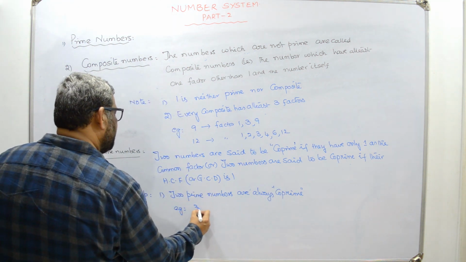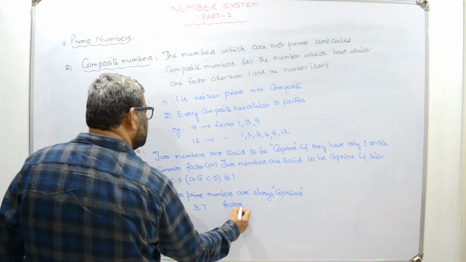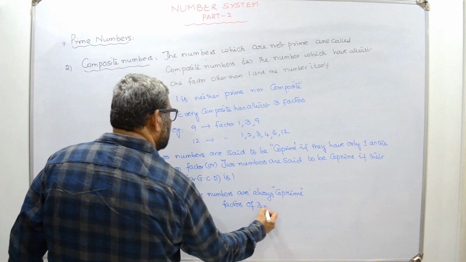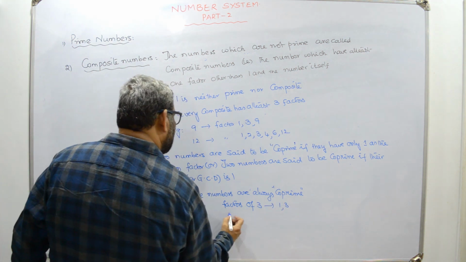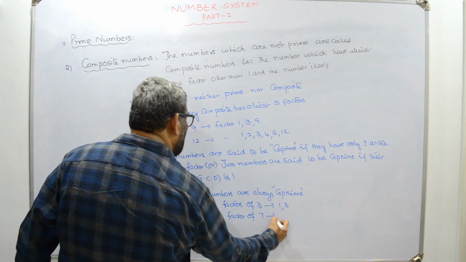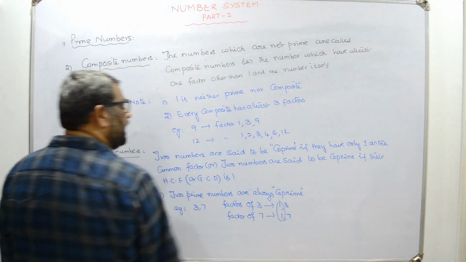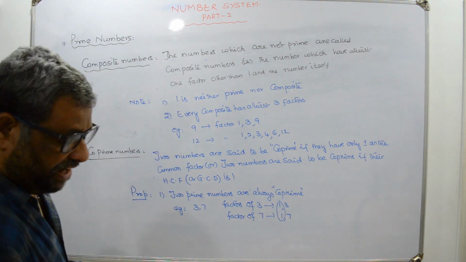Example, 3 and 7. Factors of 3: 1, 3. Factors of 7: 1, 7. So 1 is the only common factor. The greatest common factor is only 1.